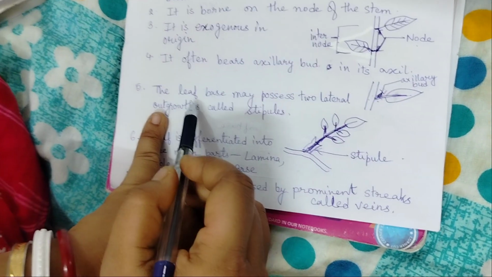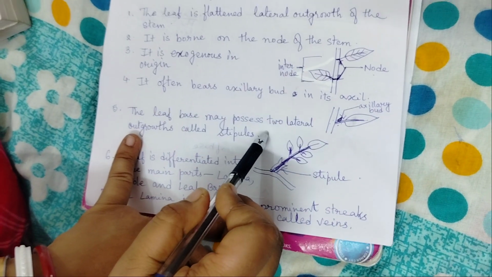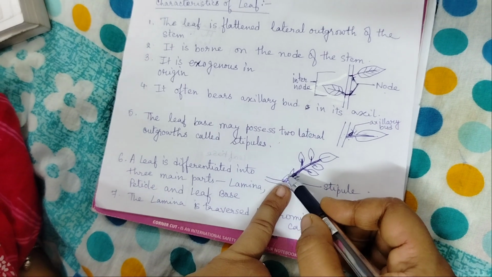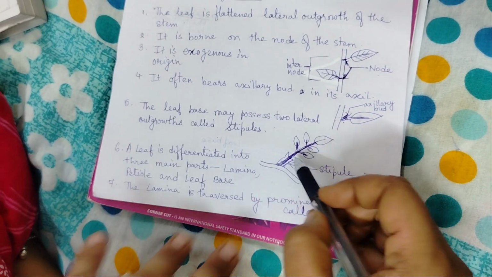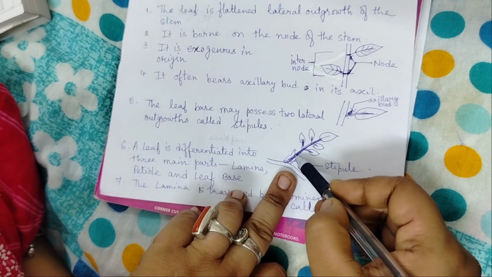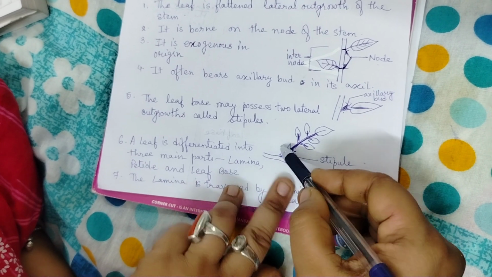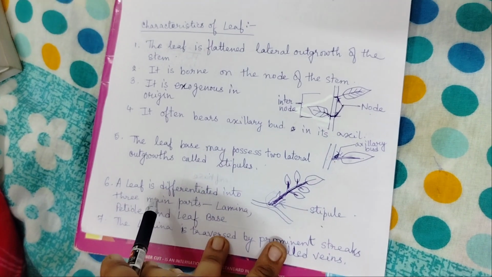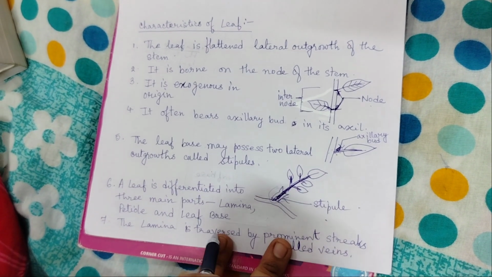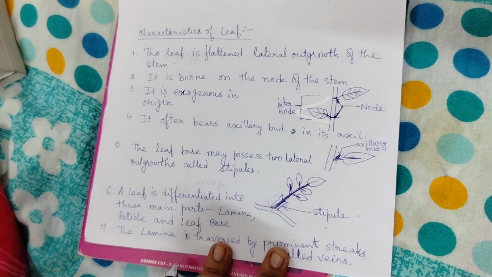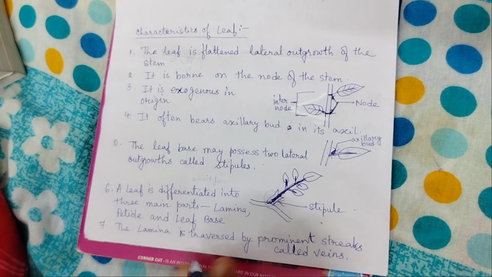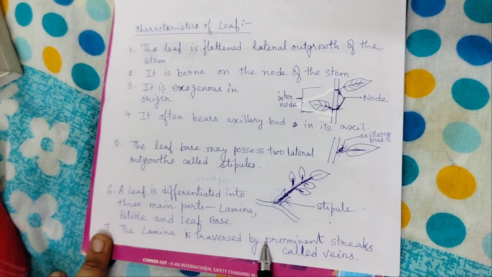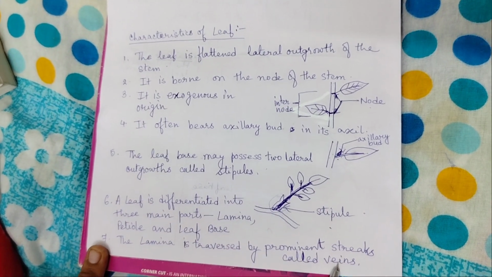The leaf base may possess two lateral outgrowths called stipules. All of you see that here at the leaf base there is an extended part which is known as stipule. A leaf is differentiated into three main parts. I already told you what the parts are: lamina, petiole and leaf base. Next, the last point, the lamina is traversed by prominent streaks called veins.